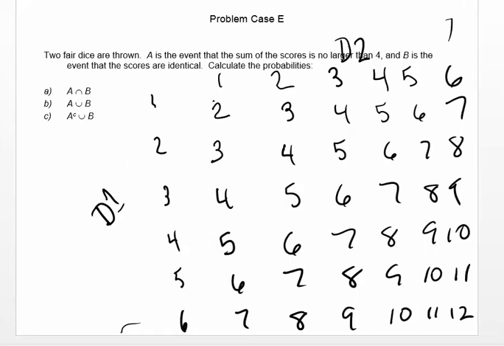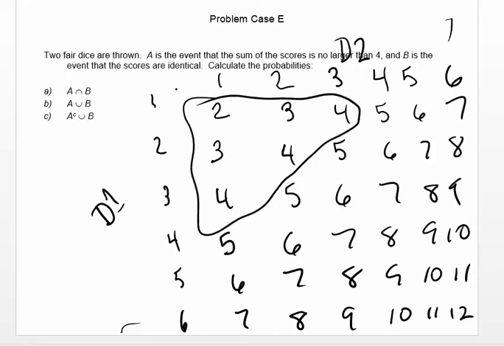No larger than 4. So it's just this portion of the 6 times 6, 36 outcomes possible. 1, 2, 3, 4, 5, 6 outcomes actually have a sum no larger than 4. So that's event A.